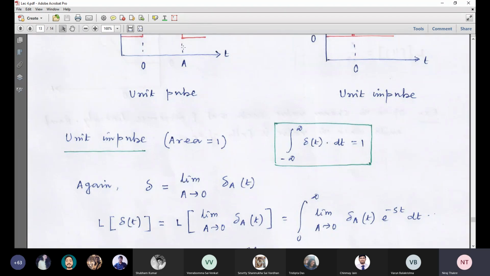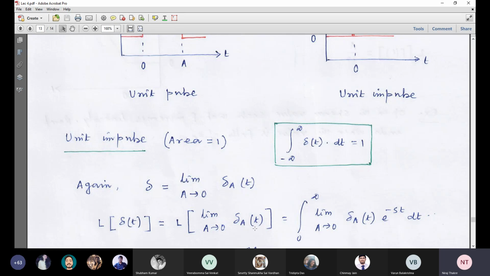This a is coming closer to 0. So we can write this one accordingly: limit a tends to 0, del a at t.